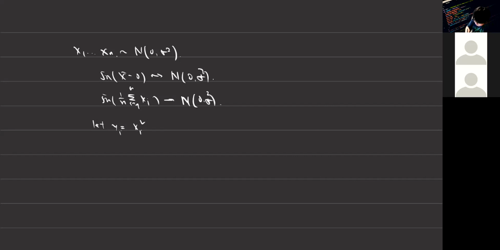Did you use the fact that this is going to be sigma squared, and this is going to be 2 sigma to the fourth? Yeah. So you use these two, and you use the delta method? Yeah.